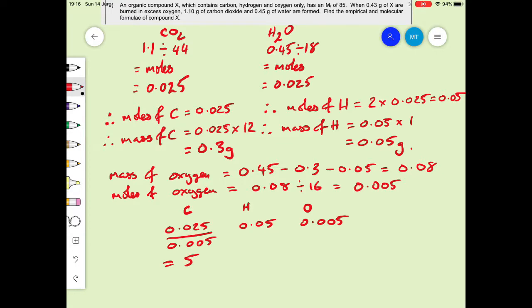Divide by the smallest, and you should get a ratio of 5 to 10 to 1.